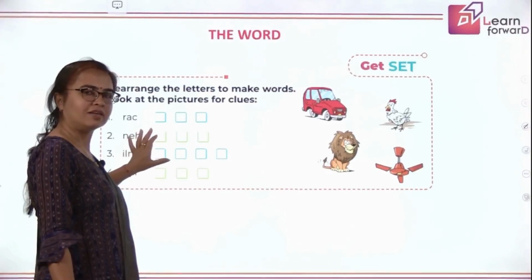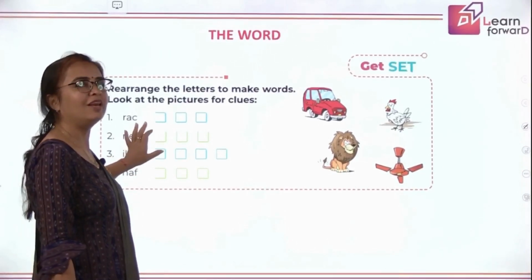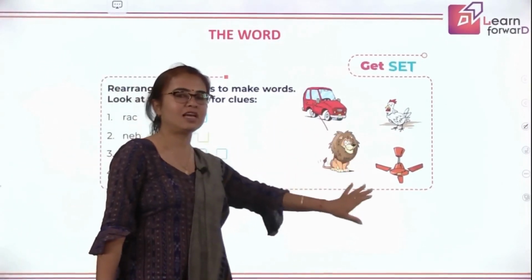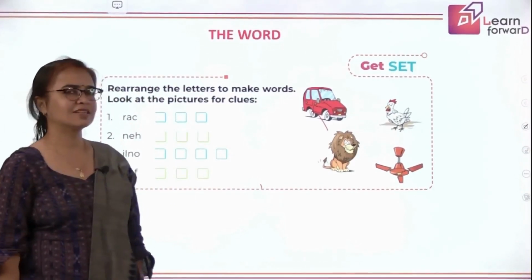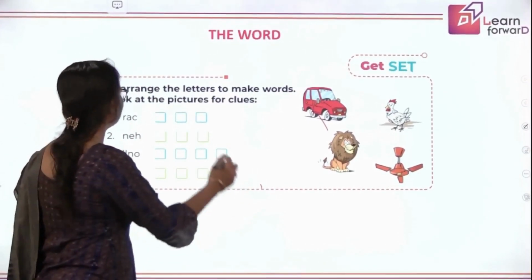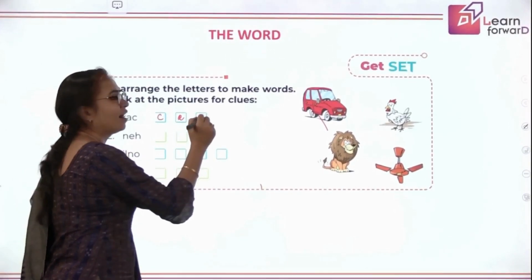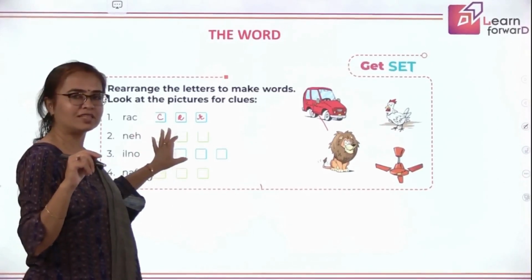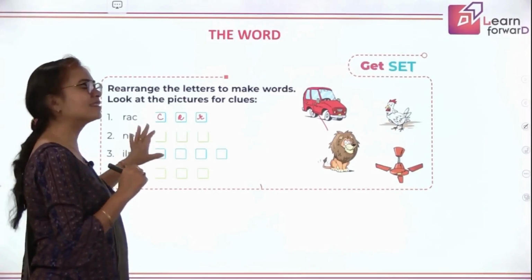RAC. So does that give any meaning to you? No. So let's make a meaningful word. You see a picture here. What do you get out of it? Yes, that's car. Right. So you have a meaningful arrangement of letters here and it becomes a word, that is car.